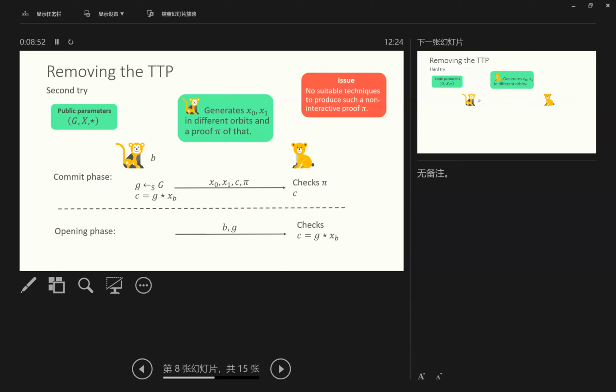But there is another issue here. There are no suitable techniques to produce such a non-interactive construct. And this is because the language of proving that two elements lie in different orbits is not a known language. So we didn't find anything useful here.